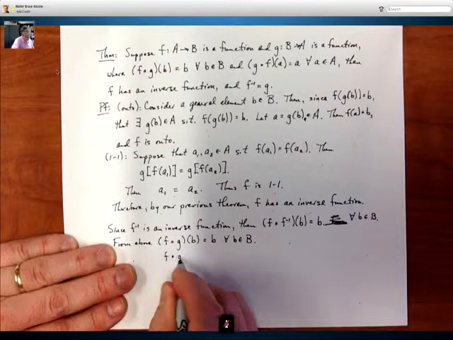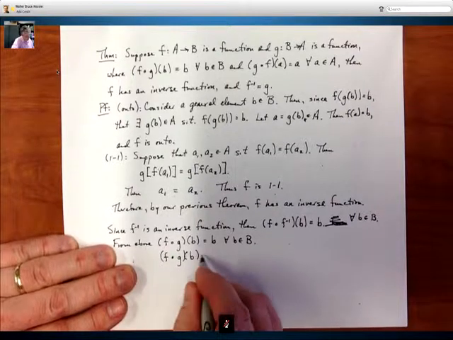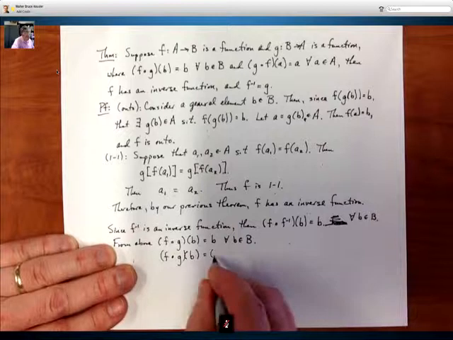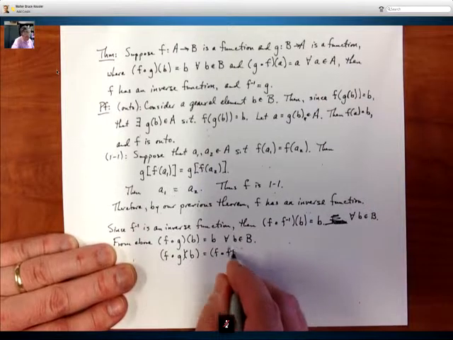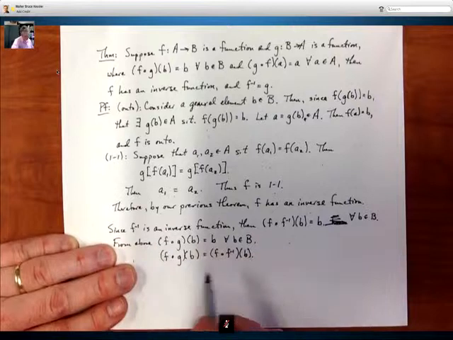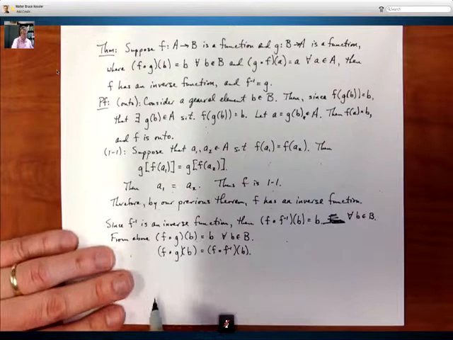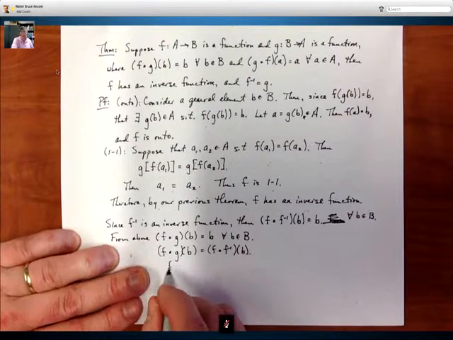Then F of G of B equals F of F inverse of B. Okay? But remember, F is one-to-one.